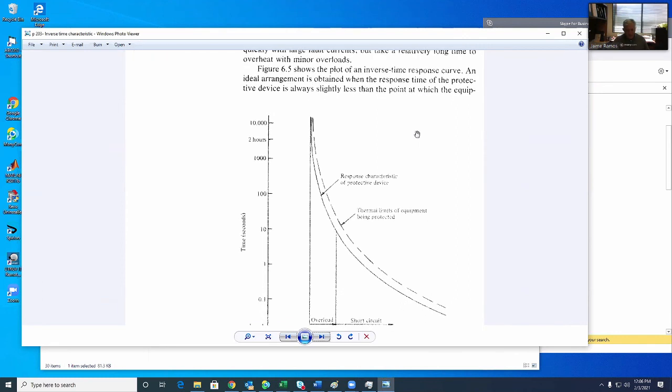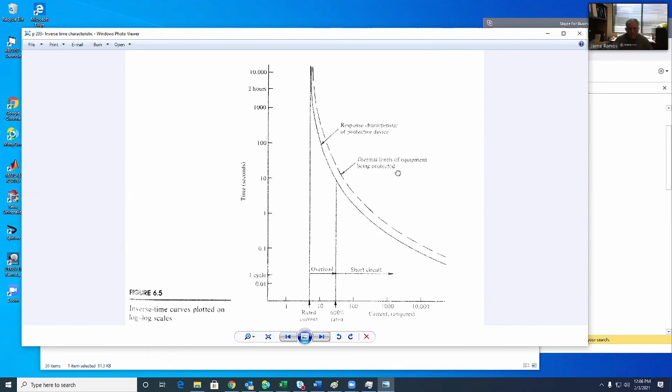In this way, needless shutdowns for harmless short duration overloads can be avoided. Okay, so now let's study this diagram. We have time in the vertical and current in the horizontal.